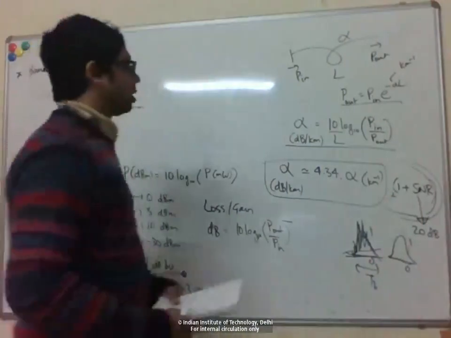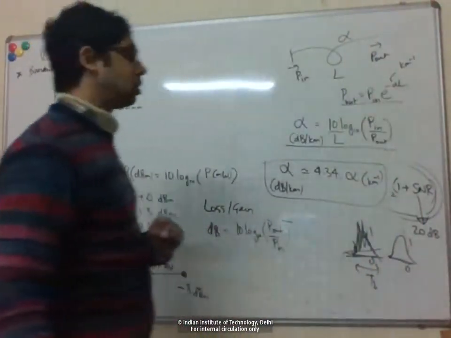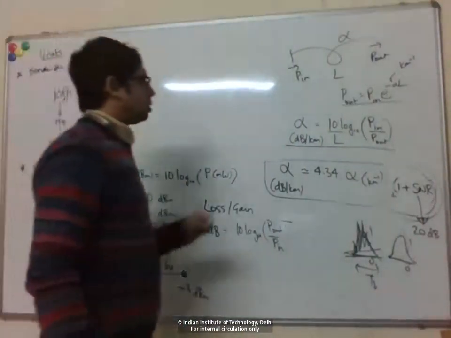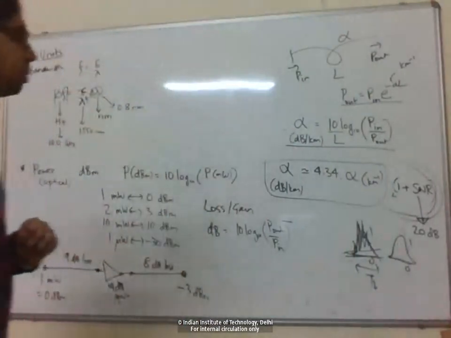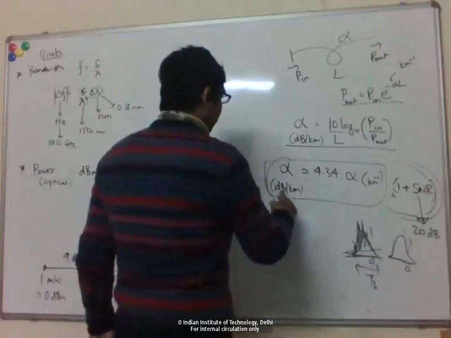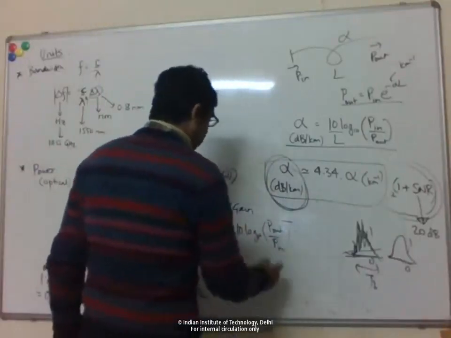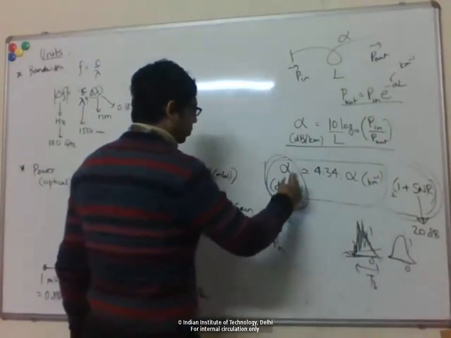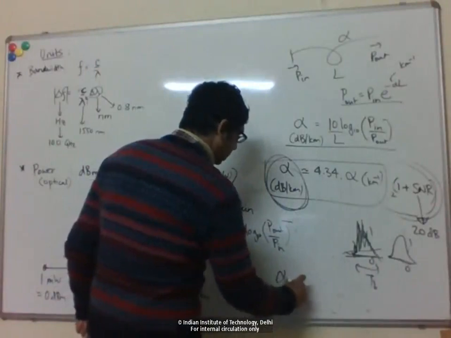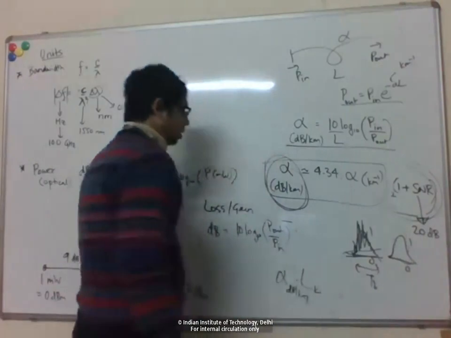Yeah, so that's the relation between the usual alpha that you might have seen, for example, in physics, to this alpha in dB per kilometer. Again, now the advantage is that if we know the fiber loss in dB per kilometer, then the total loss of the fiber for any length L is just this alpha in dB per kilometer times the L, in kilometers.